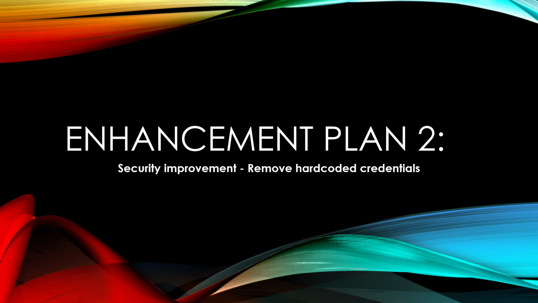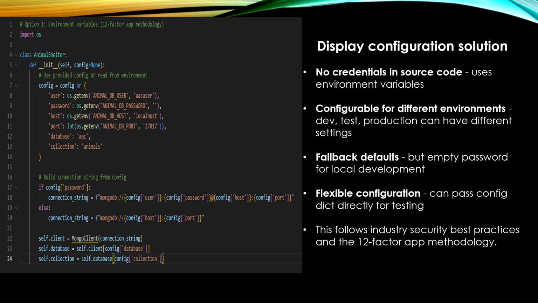Enhancement plan two, security improvement: remove hard-coded credentials. Here, I'll move credentials to a configuration system. Here's the approach that I'm talking about. This approach has several advantages. First, no credentials in source code.